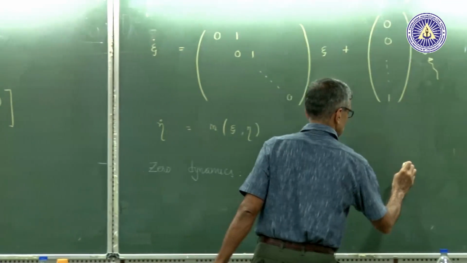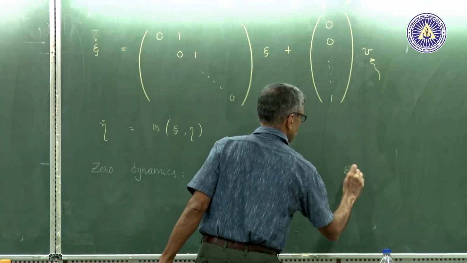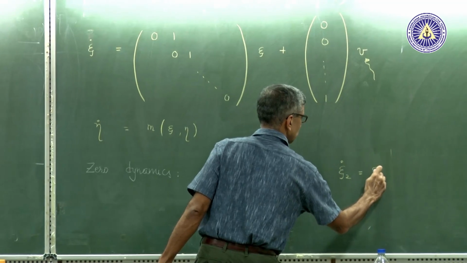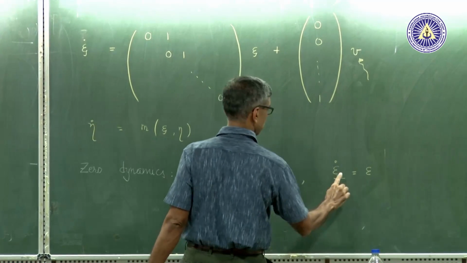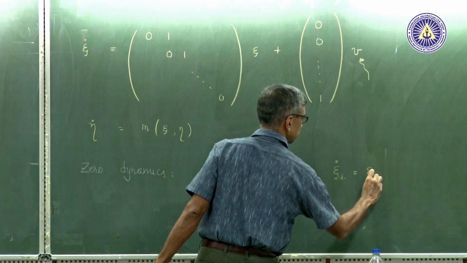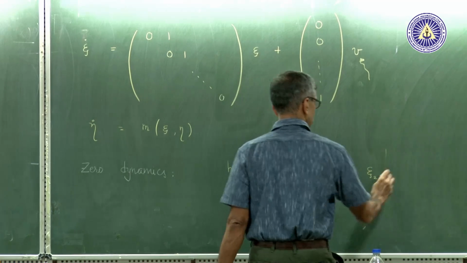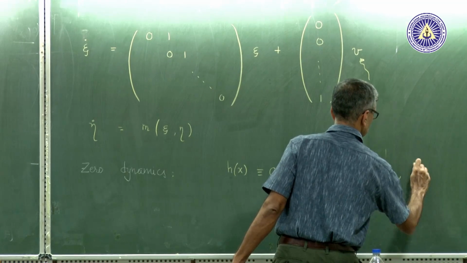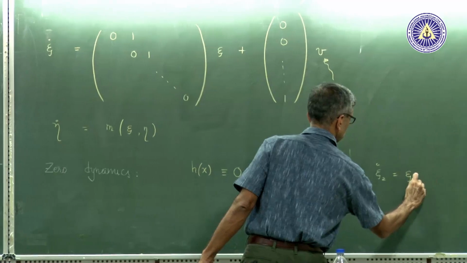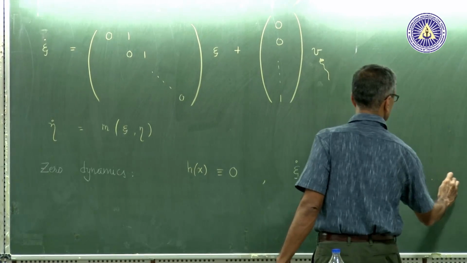This is 0. So what can I say about psi 2? I know psi 1 dot is psi 2, then what is psi 3, and so on.